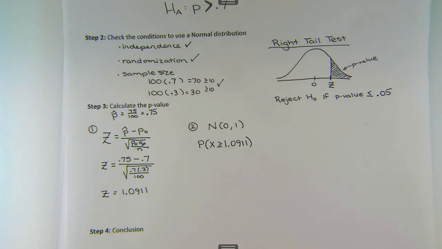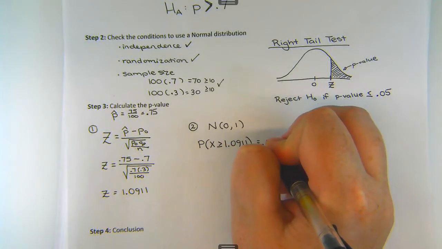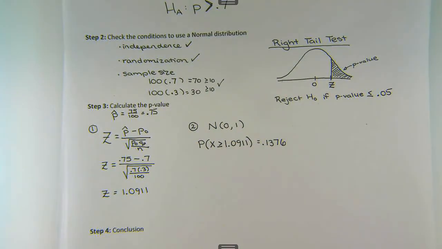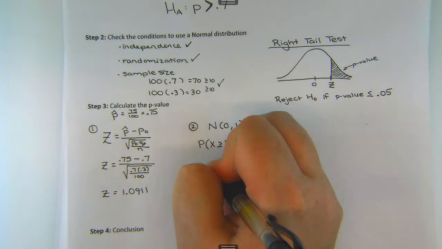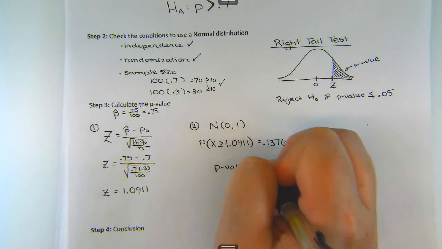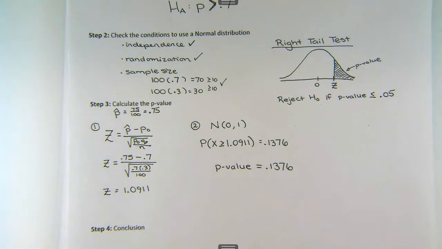And what we're going to get out is 0.1376. And that right there is our p-value. So when you find that area under the curve, that's our p-value.